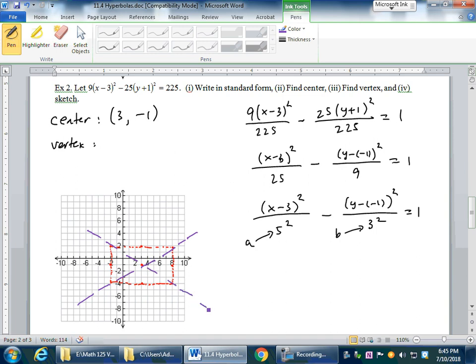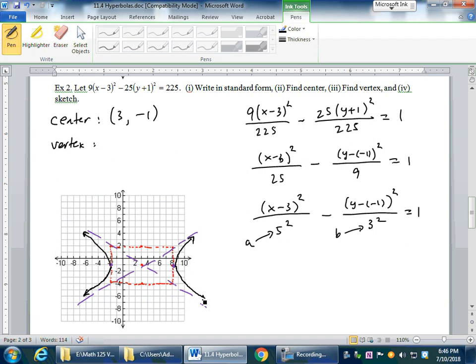And since x squared is first, these will be my vertices, and then our graph will become closer and closer to the asymptotes. So as you can see, this is how the graph of this looks.